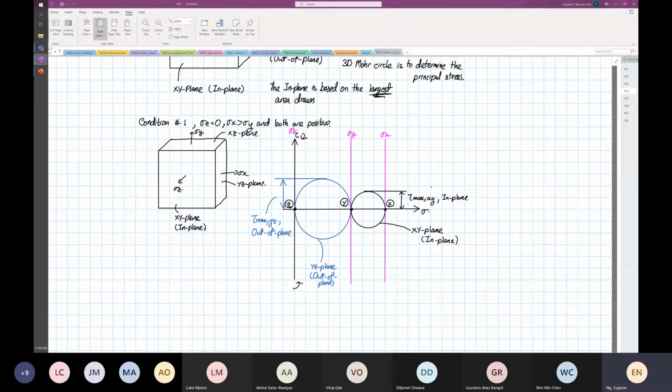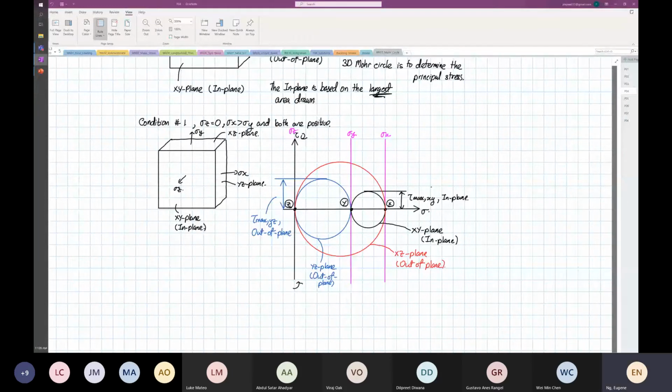as you can see down here, the final circle is going to be touching both the Y and the Z. Now this last circle, it now belongs to the what? Now this belongs, because it touches the X and Z, this belongs to the XZ plane, and it is the out of plane.